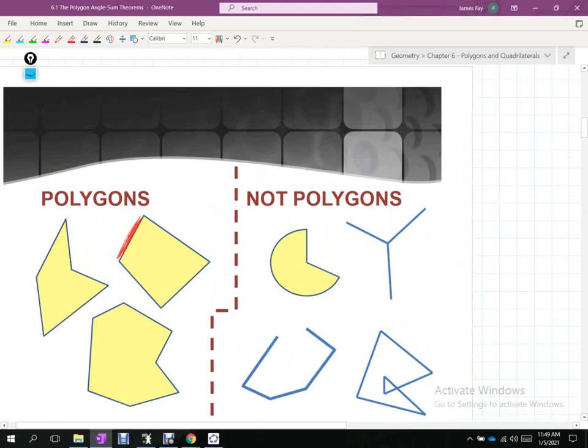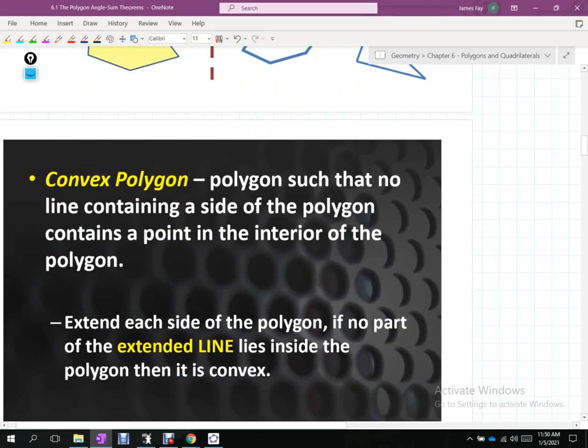These are concave, meaning this angle right here is what usually gets referred to as a reflex or reflexive angle, which means it's greater than 180 degrees, okay? Which is something that we haven't talked about yet, right? Okay, so that's maybe another reason why at this juncture in the course, we want convex polygons, okay?